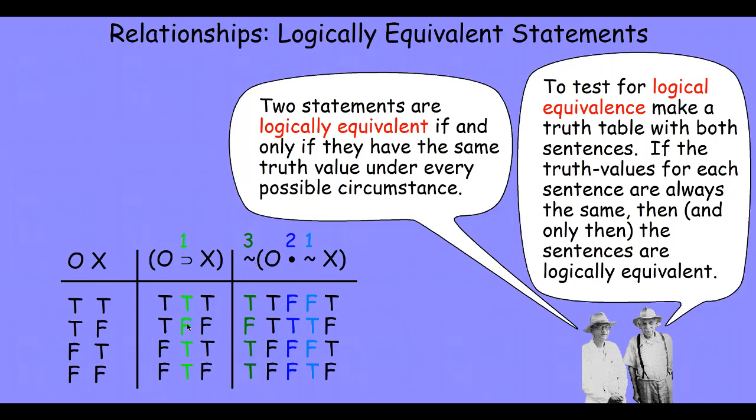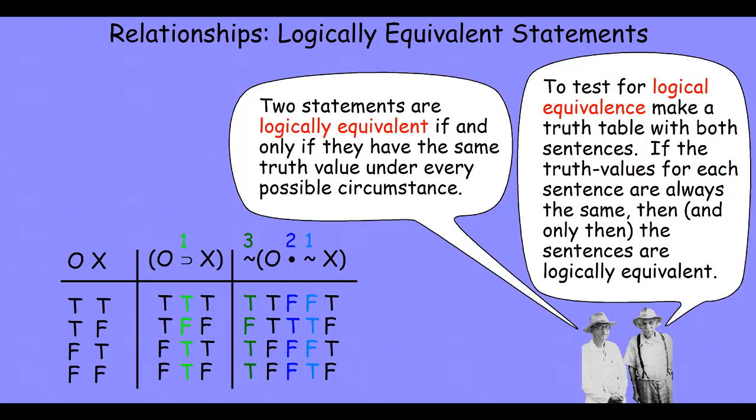That is the truth value for every row, every different way the world can be. And we see that they are exactly the same. They always have the same truth value no matter how the world turns out, and hence they are logically equivalent statements. If they differed on even one row, if say this was true and this was false, then they would not be logically equivalent to each other.